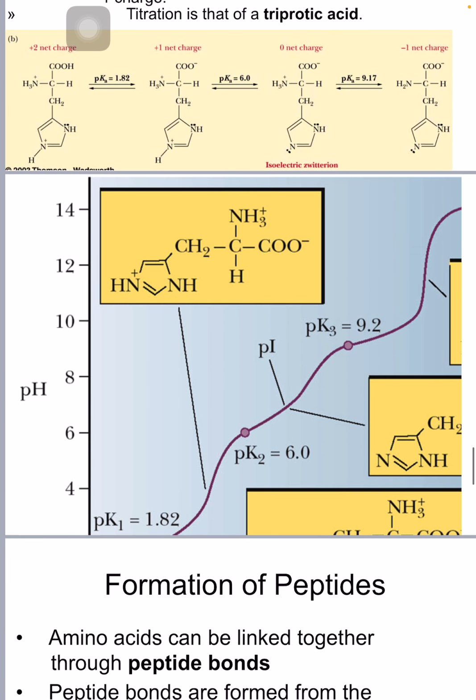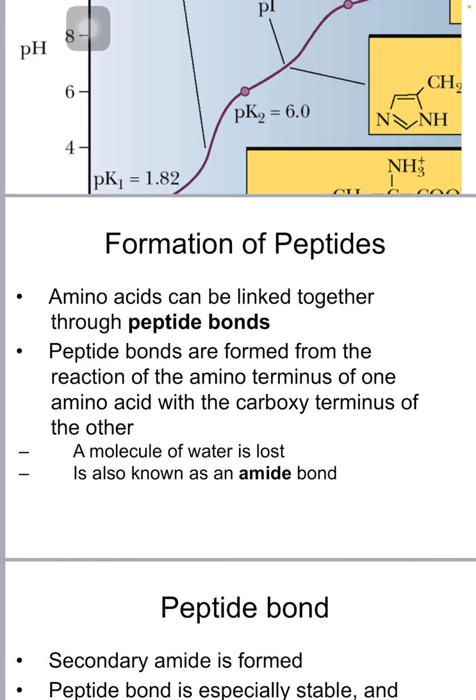So what we've done so far is we've talked about amino acids individually, what they are, some of their properties, how they change according to changing pH. What happens when you link them together, right? And this is going to be the basis for proteins. Now, before you can get to proteins, you've got to go through the peptide stage.